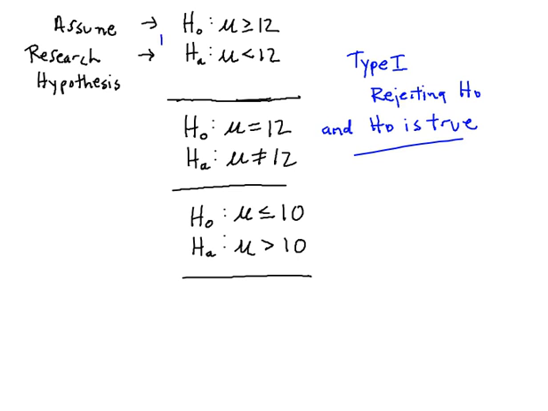In the first case up here, rejecting the null hypothesis, remember the consumer advocate is trying to gather evidence to see if the company is underfilling the cans. If he rejects the null hypothesis, then what he's saying is that they are underfilling the cans, that the assumption of the cans having at least 12 ounces has been rejected.